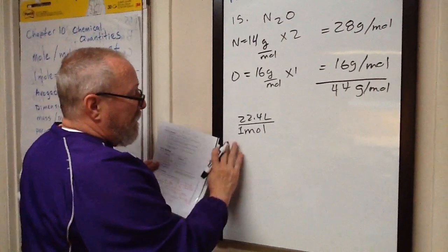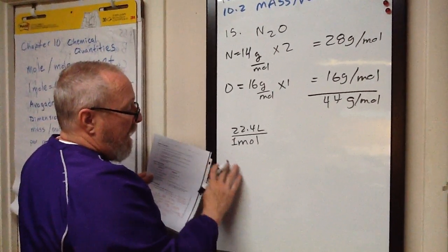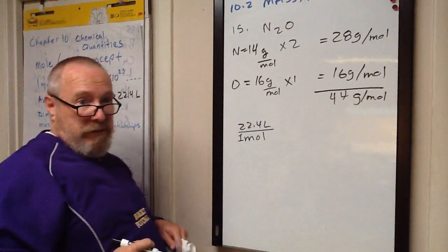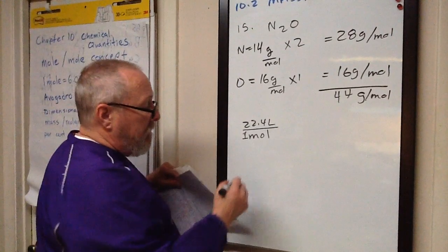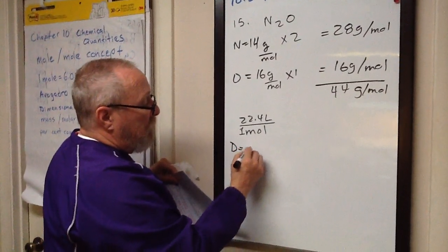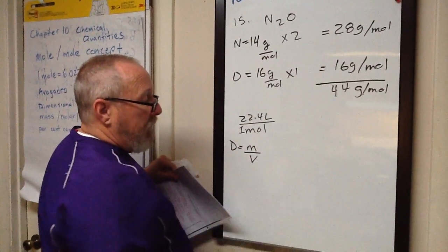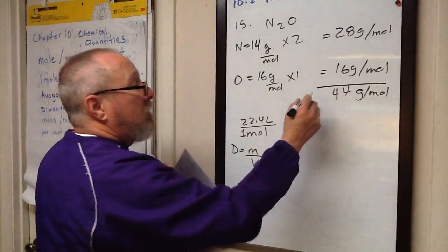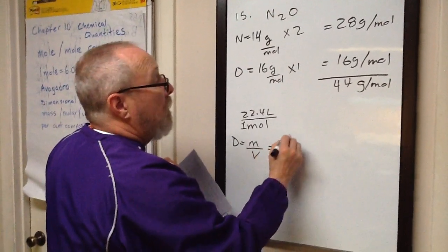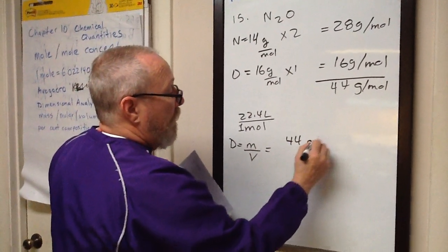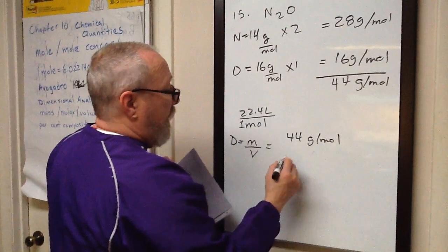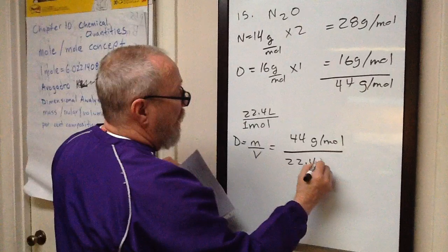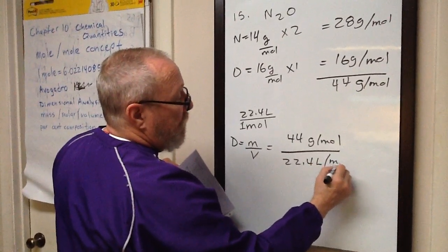A long time ago we did some density problems, and for example used the density of aluminum to calculate the thickness of aluminum. Remember that lab way back at the beginning? Density is equal to mass divided by volume. We know our molar mass: our mass is 44 grams per mole, and our volume is 22.4 liters per 1 mole.